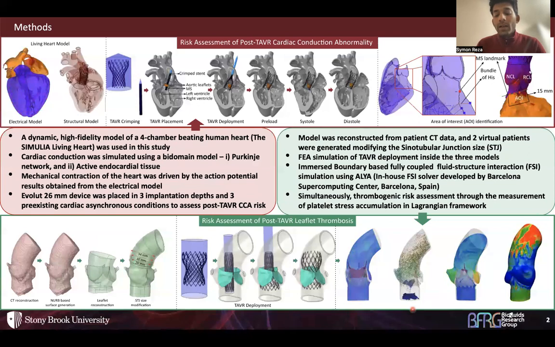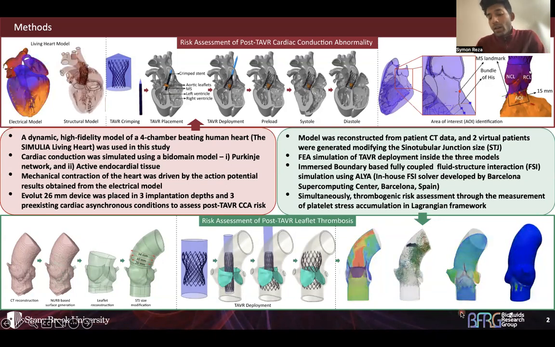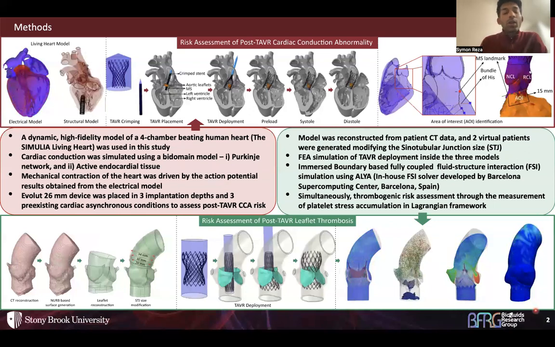And then we integrated the stresses over time for each particle and collapsed those data into a PDF graph that I'm going to explain in the next slide to understand the relative risk of post-TAVR leaflet thrombosis. We also did the flow stagnation analysis, as you can see in this third animation here. And the fourth animation shows the wall shear stress.